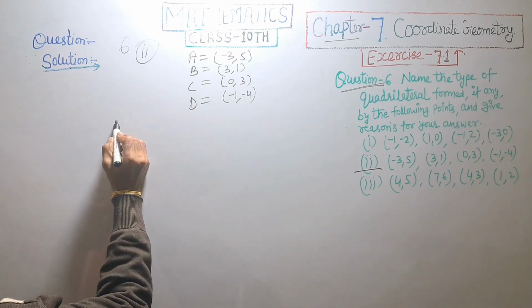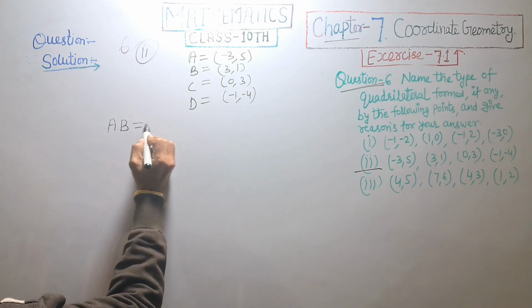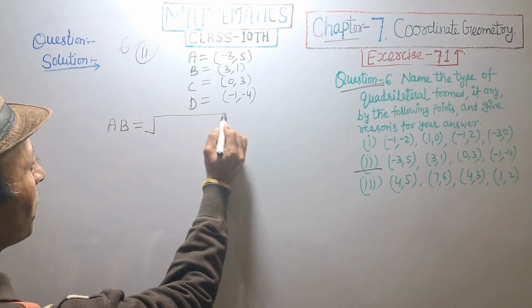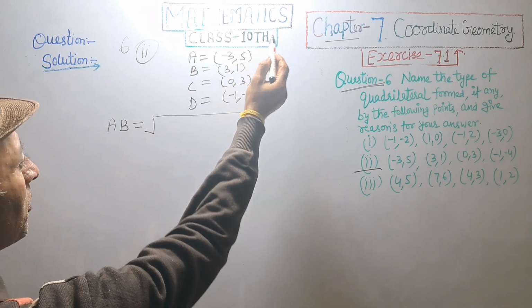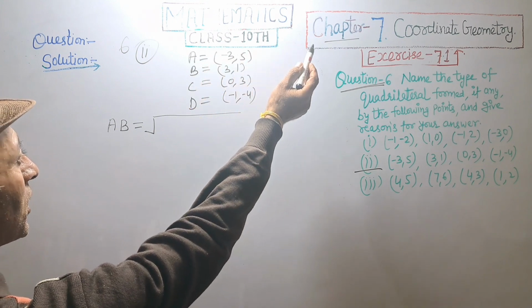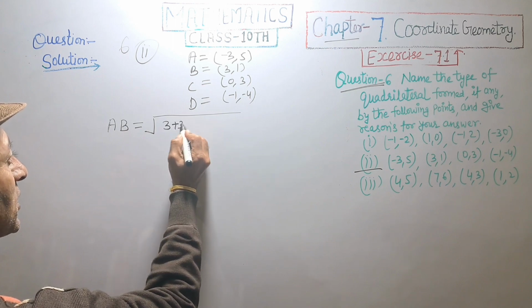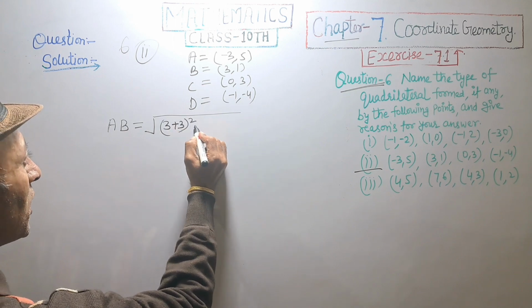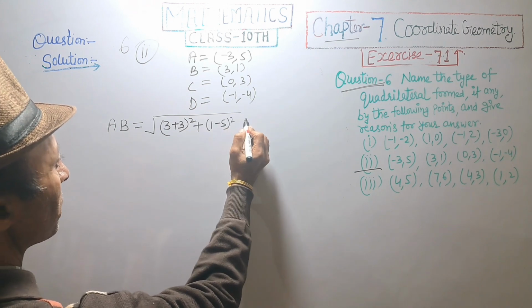By the distance formula, AB is equal to the square root of (x2 minus x1) square plus (y2 minus y1) square. That is 3 minus minus 3, plus 1 minus 5 square.